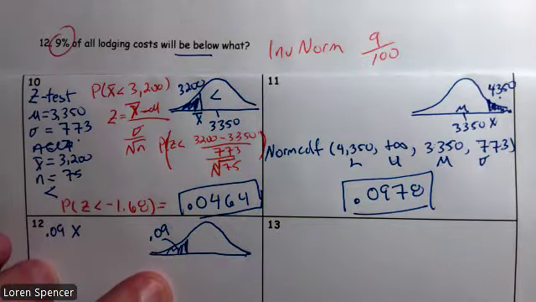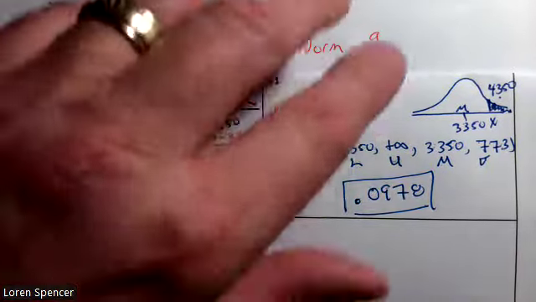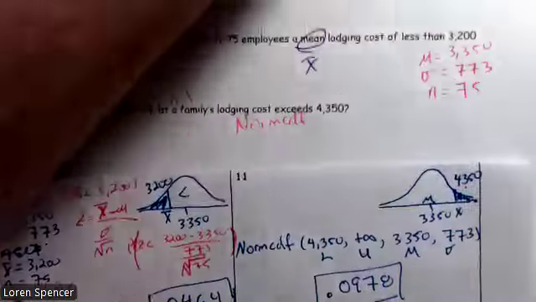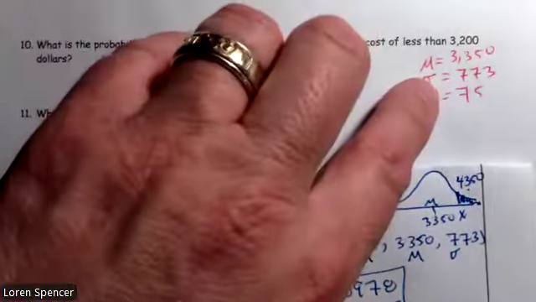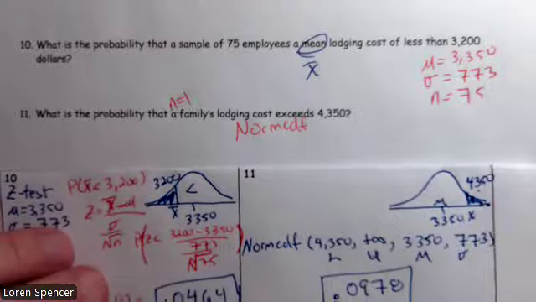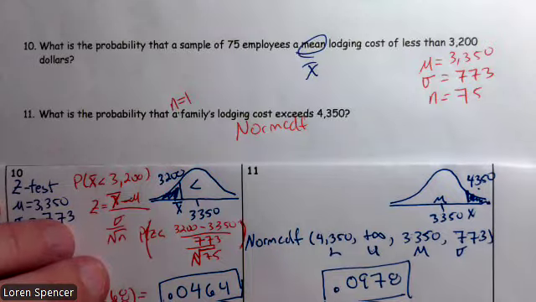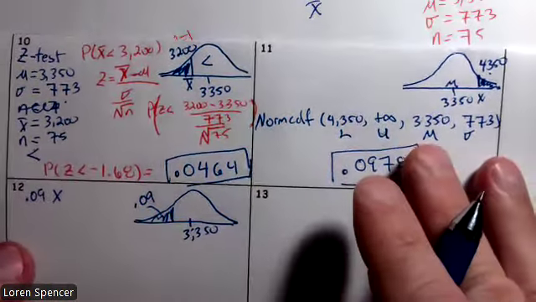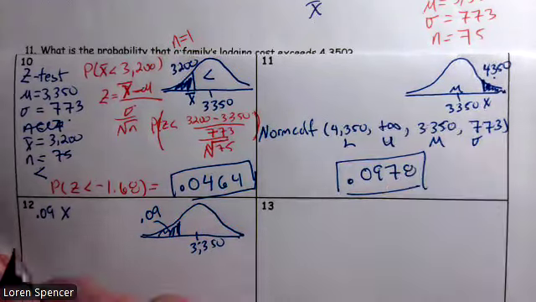Now, they didn't ask me for my z-score, so I need to go back and look at what my mean was. My mean was 3,350, so I need to go ahead and label my mean of 3,350. I'm going to need that information here because we're going to do an inverse norm.